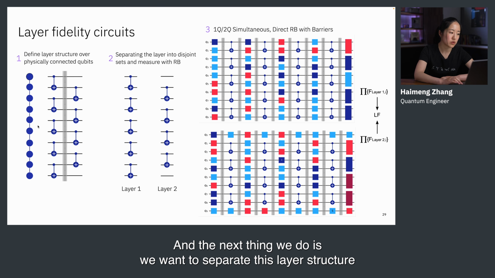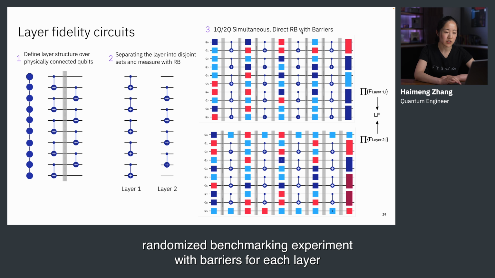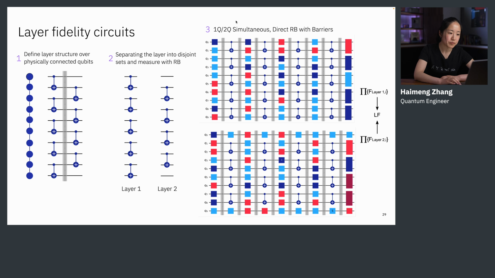The next thing we do is separate this layer structure into disjoint sets and measure with randomized benchmarking protocol individually for each disjoint set. That is what step 3 is for. So for each layer, we will do simultaneous direct randomized benchmarking experiments with barriers for each layer.